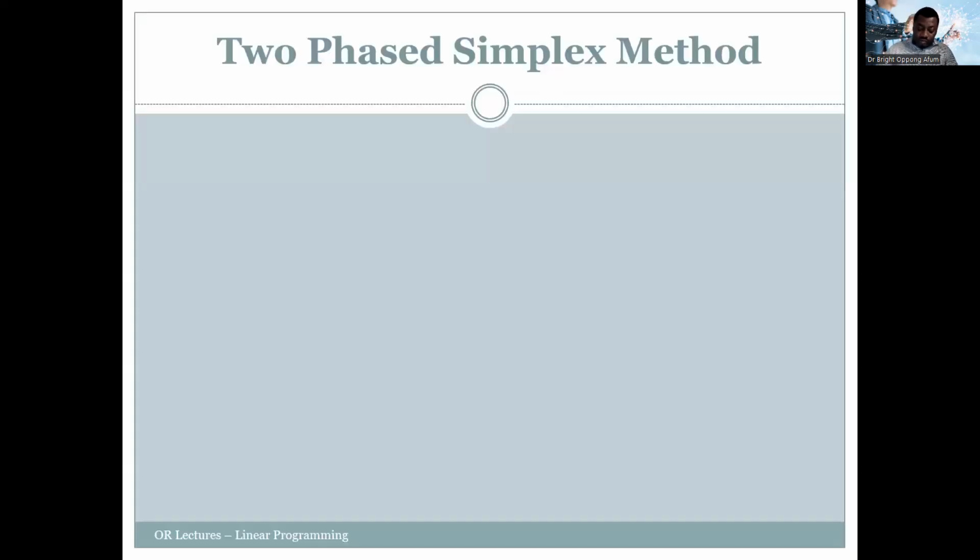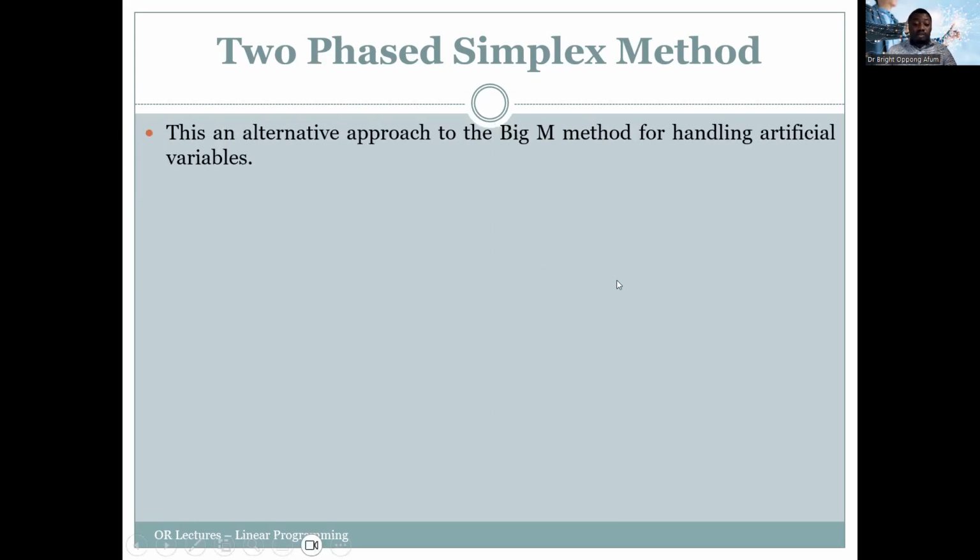All right, for the two-phase simplex method. This is actually an alternative method or approach to the big M method for handling artificial variables. We talk about using the big M method when we are handling artificial variables, right?